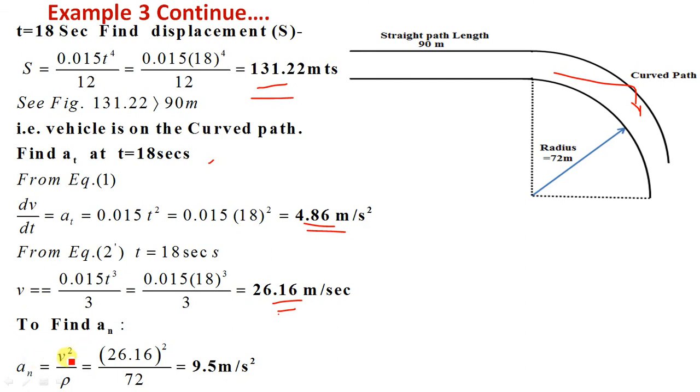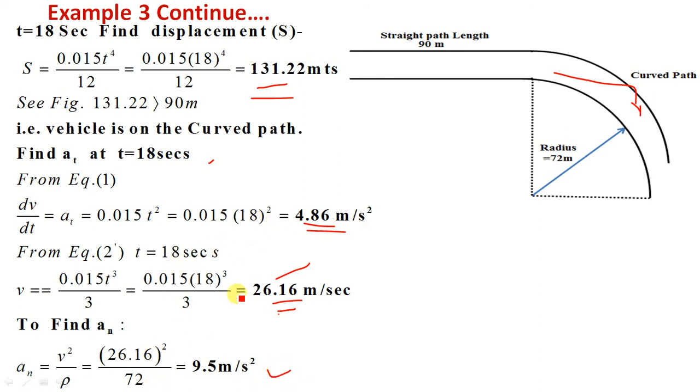Now to find out a_n equal to v squared upon rho. Now which velocity we have to consider? This is the main part, because they have asked us to find out the acceleration when t is equal to 18 seconds. So we have to consider the velocity at t equal to 18 seconds. So that velocity is this one. Substitute this velocity and you will get the value of a_n.